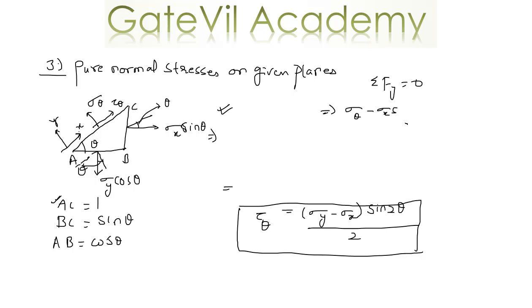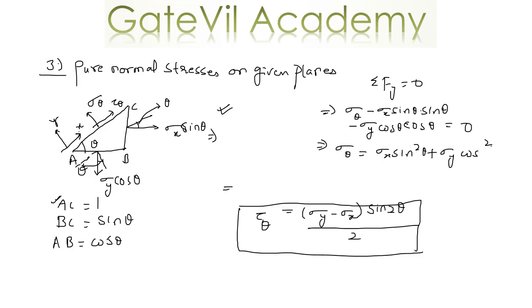So minus sigma x sine theta multiplied by sine theta. Then we have sigma y cos theta, which also has a component in the opposite direction of sigma theta. That is why we have minus sigma y cos theta multiplied by cos theta, which is equal to 0. So sigma theta equals sigma x sine square theta plus sigma y cos square theta.